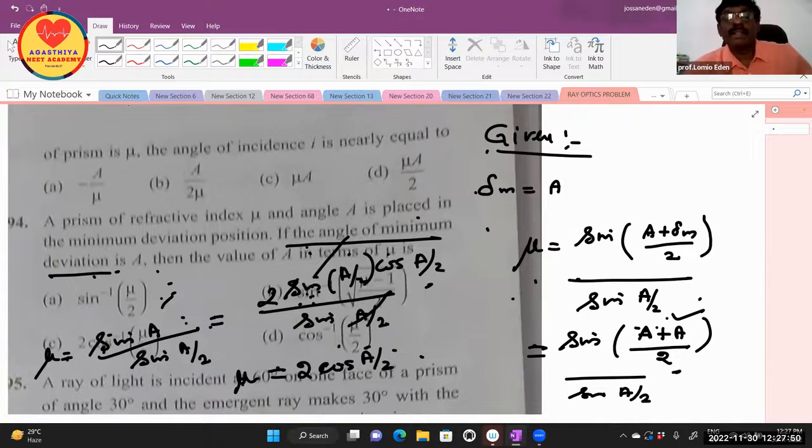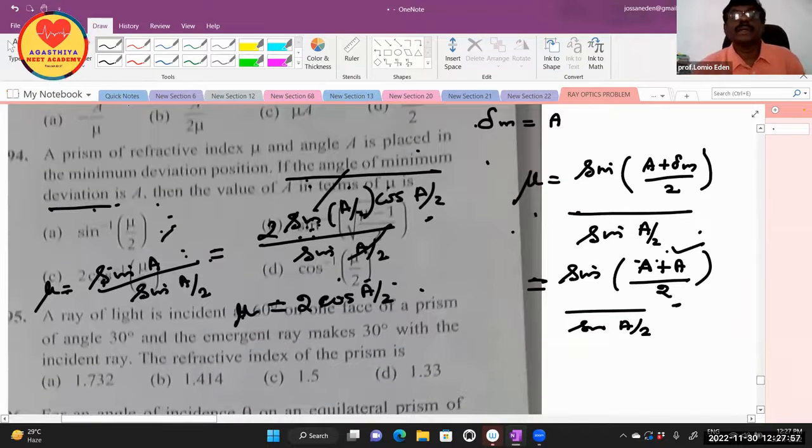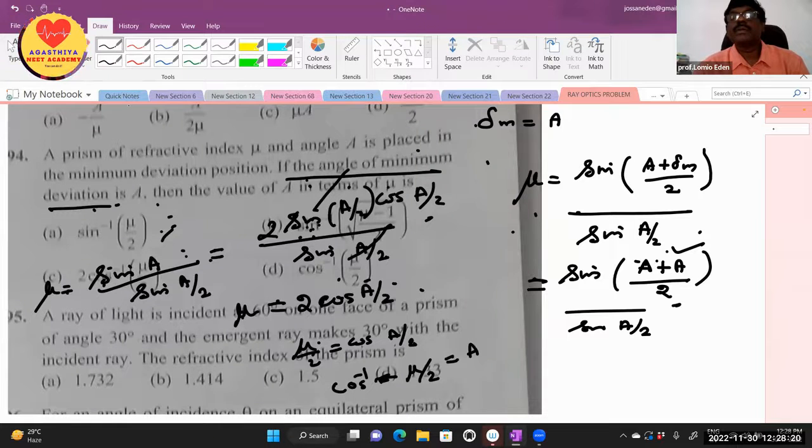So mu by 2 is cos A by 2. Therefore, cos inverse of mu by 2 is equal to A by 2.